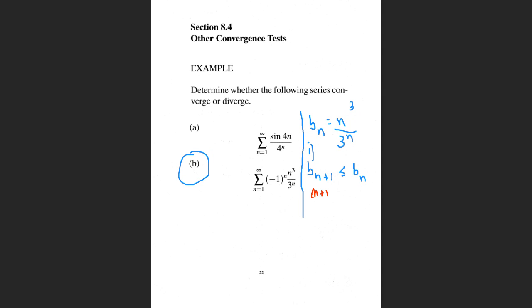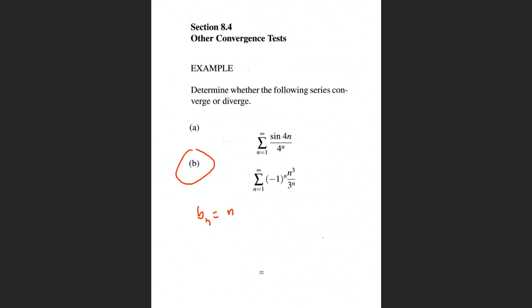Actually, hold on, let me write this below here. I forgot, I've got space below here. So here's b, okay. So b sub n for b is n cubed over 3 to the n.